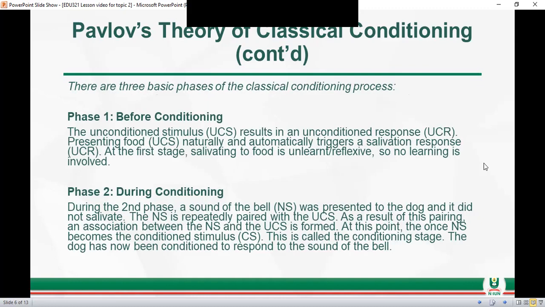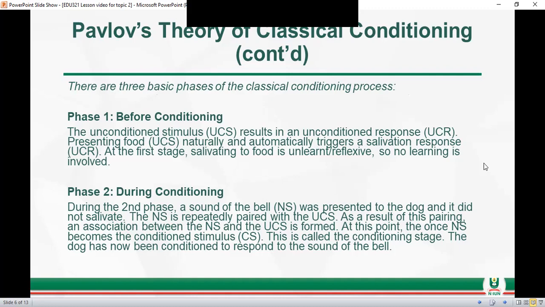In phase one, that is before the conditioning, it just involves Pavlov presenting the food, which triggers a salivation response in the dog. This salivation response is a natural and automatic trigger.